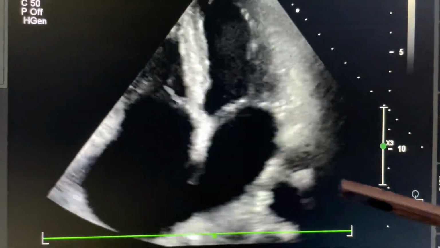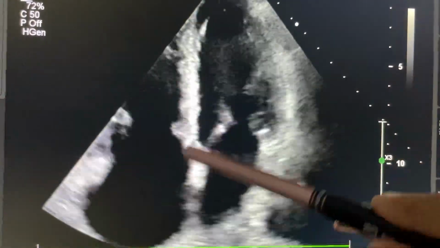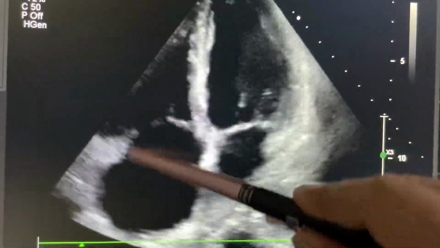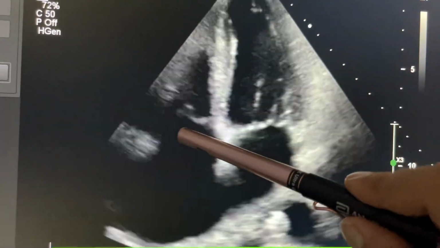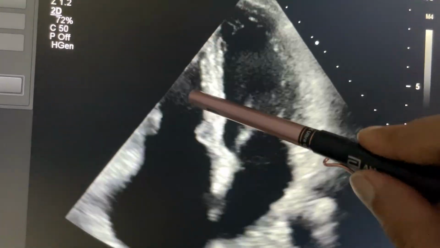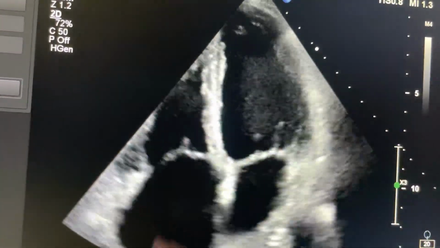Now you can see the apical four chamber view. This is the left atrium, left ventricle, right atrium, right ventricle. The right atrium and right ventricle are moderately dilated. Minimal TR jet without any raised right ventricle systolic pressure, indicating right ventricle myocardial infarction.